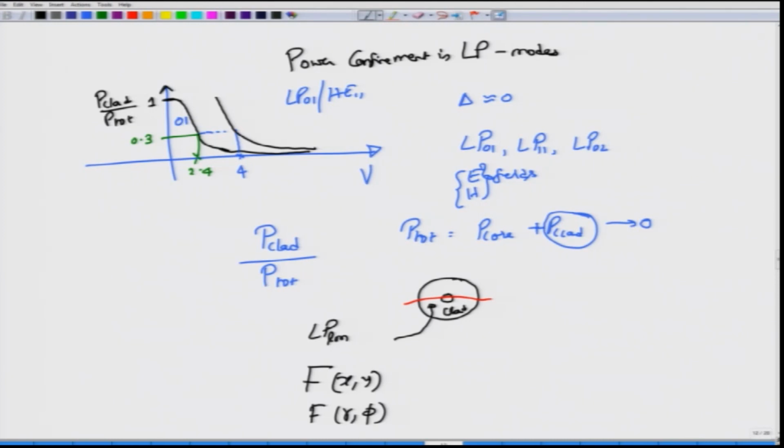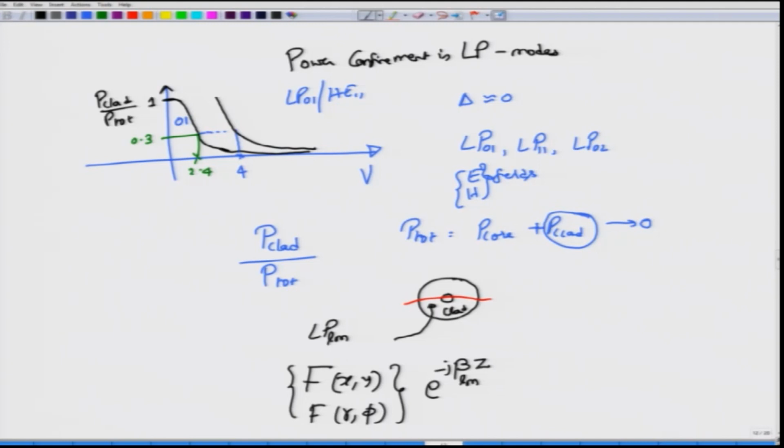But please remember these mode structures are in the transverse direction, because along z they would all be propagating as e power minus j beta Lm z, where beta Lm is the propagation constant for the LP LM mode, and f of x y or f of r phi is the transverse mode distribution, which is what we have studied so far. These are not longitudinal modes, these are transverse modes. It is in this fashion, through the corresponding electric and magnetic fields, that light propagates through the optical fiber. So, this is all about LP modes.